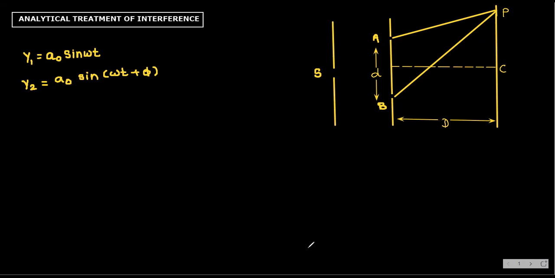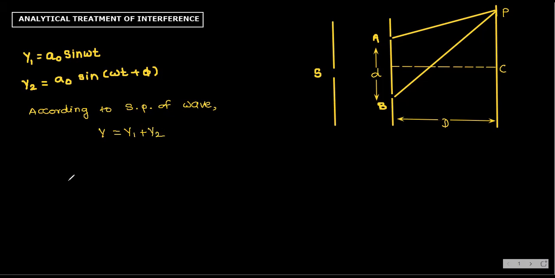Now, according to the principle of superposition of waves, which we have already learned, the resultant displacement is equal to y1 plus y2. So y, the resultant displacement, is equal to y1 plus y2.